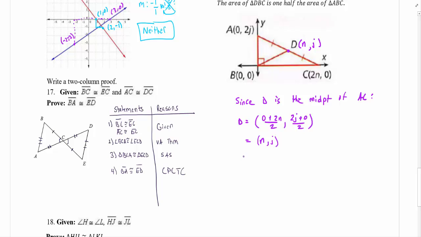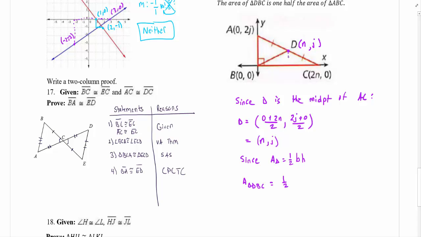Now that I have that, I can find my area. Since the area of a triangle is 1/2 base times height, I can say the area of triangle DBC equals 1/2. That's the triangle right down here, the bottom one.